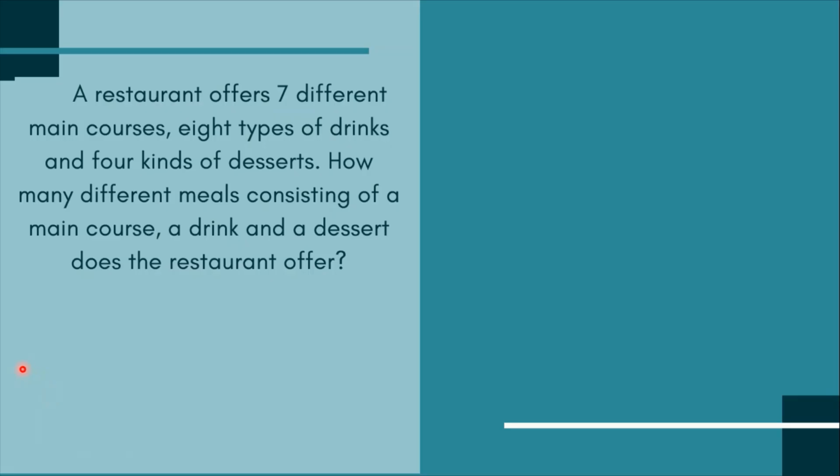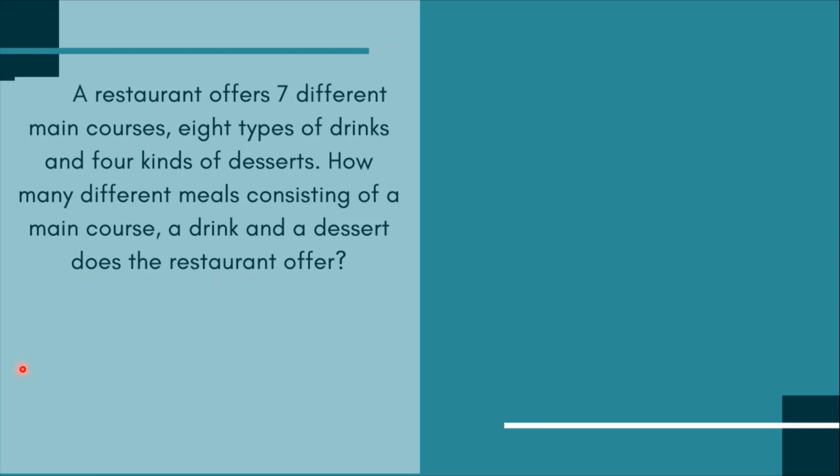Next, a restaurant offers 7 different main courses, 8 types of drinks, and 4 kinds of desserts. How many different meals consisting of a main course, a drink, and a dessert does the restaurant offer? Anong rule of counting ang gagamitin natin? That's right. We will be applying the multiplication rule.